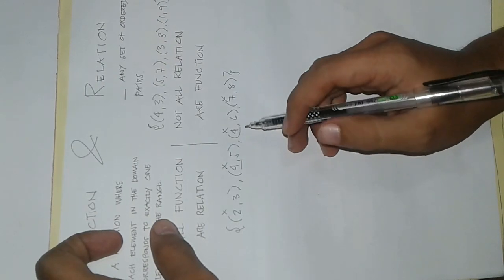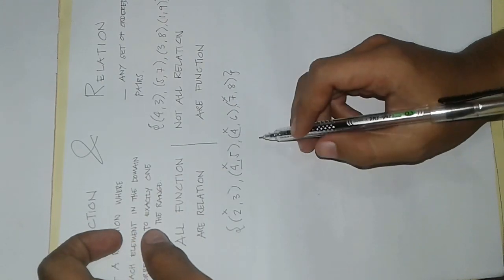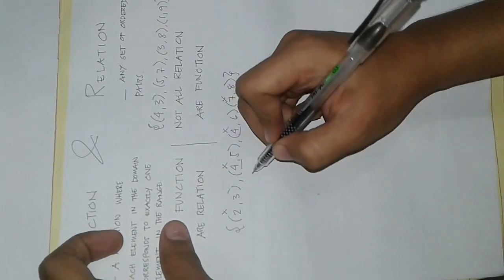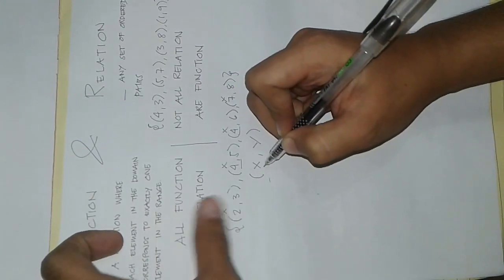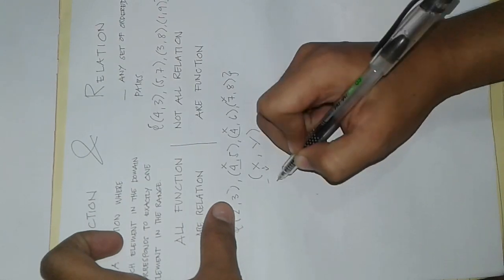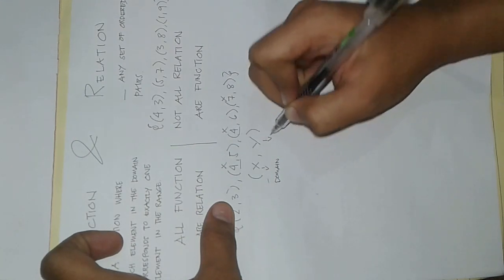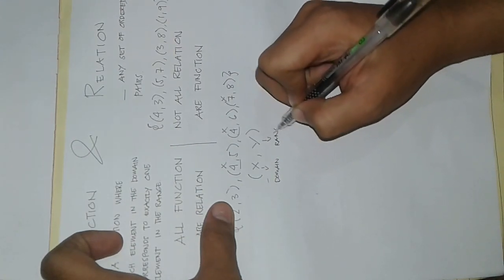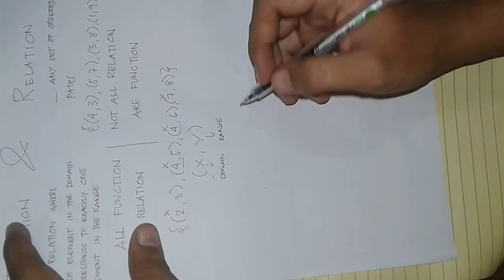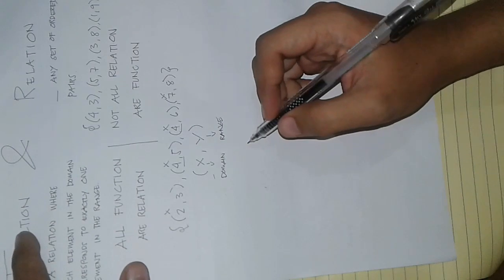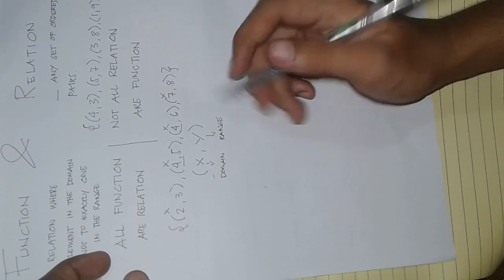It is important to understand the domain and range to analyze a function. Here, the x value would be our domain, and the y value would be our range. A domain, by definition, is the set of first coordinates.